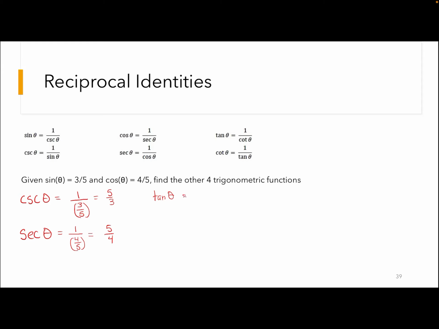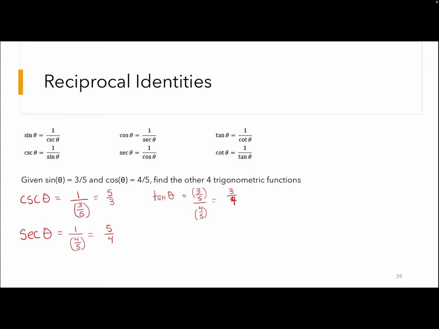So tangent theta is 3/5 divided by 4/5, which we can do with the whole keep, change, flip thing. I'm just going to tell you that that is 3/4.